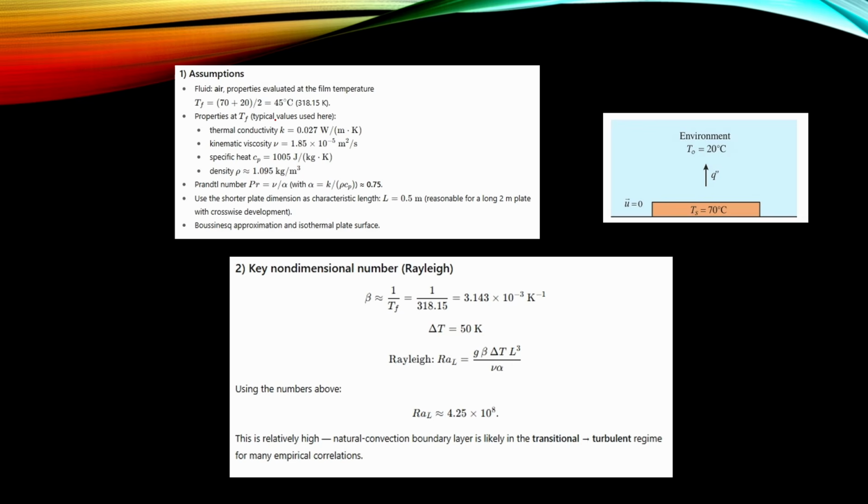Those material properties were taken at average temperature, in this case 45 degrees C, and here are those key non-dimensional numbers. This thermal expansion coefficient, the temperature difference was 50 degrees C, and using these values we got this Rayleigh number which is shown here.